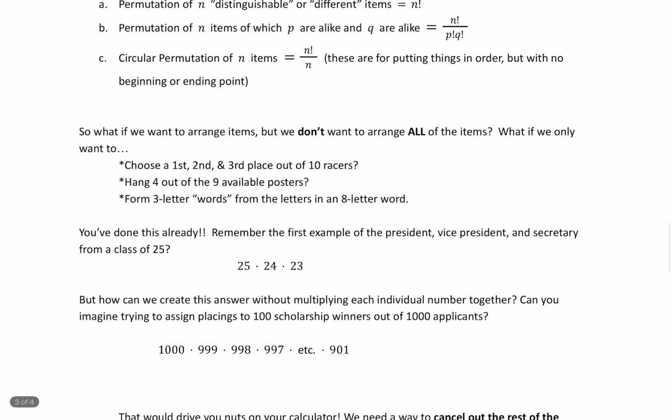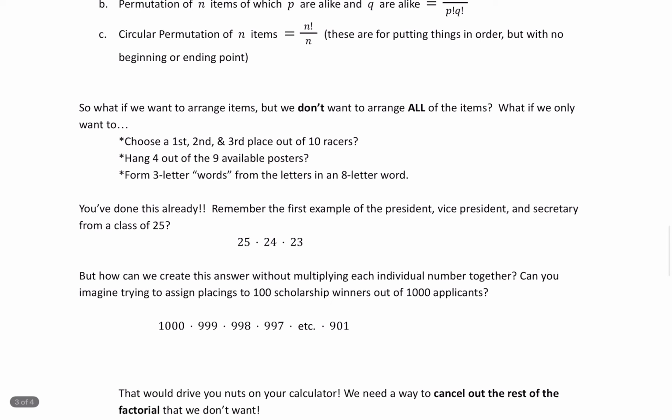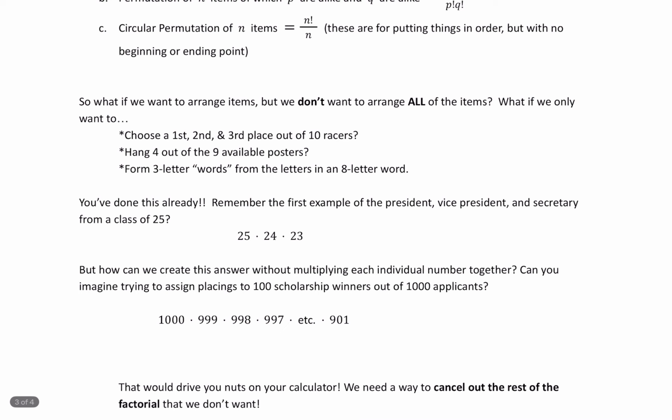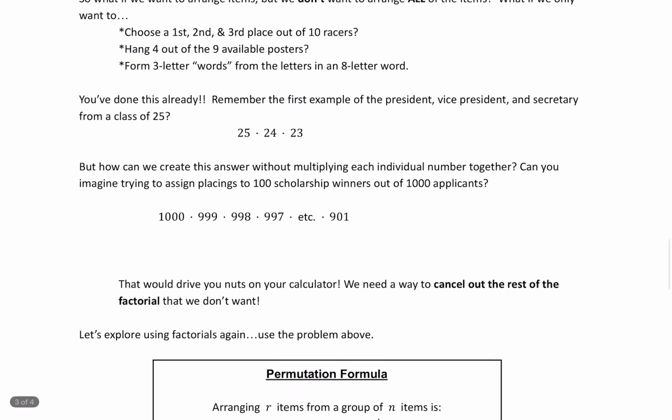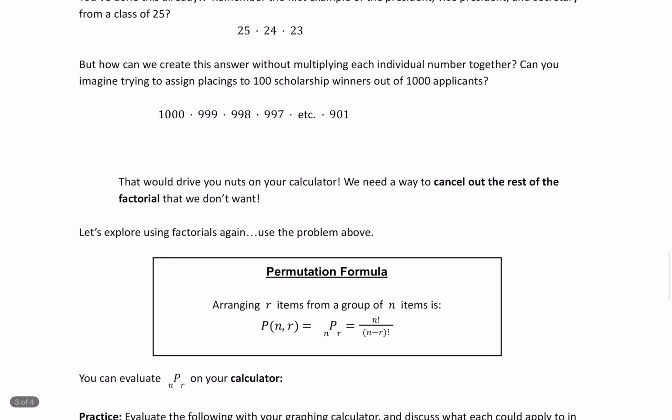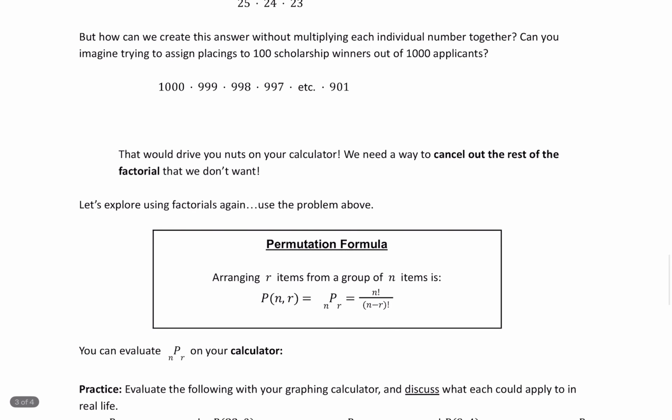Well, we've done that already, like when we did 25 times 24 times 23 to find out how many different presidencies we could make in our class of 25. But what if the group is so large, like what if we're trying to assign placings for 100 scholarship winners out of 1,000 applicants? Well, then you have to multiply 100 different numbers together, and that would take way too long. So when it comes to this, we're going to use a permutation.